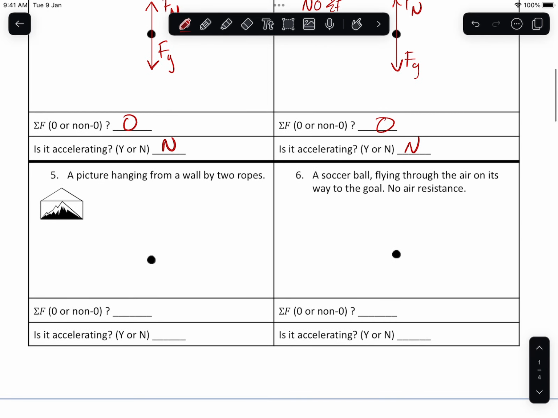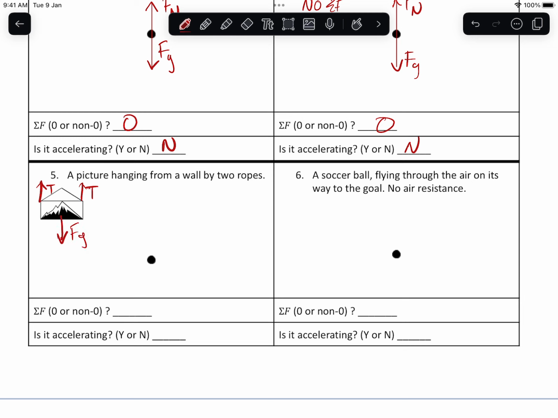A picture hanging from the wall by 2 ropes. So this one, we'd have 2 forces of tension, and really, this one you would draw it on the actual picture first, maybe. So I would have a force of tension here. I would have a force of tension here, and then I would have the mass times gravity here, so the force of gravity here.